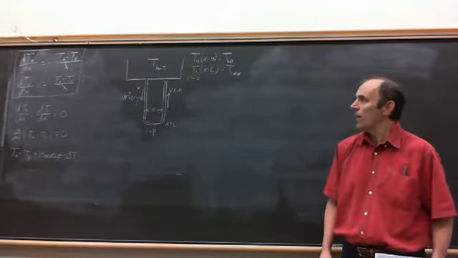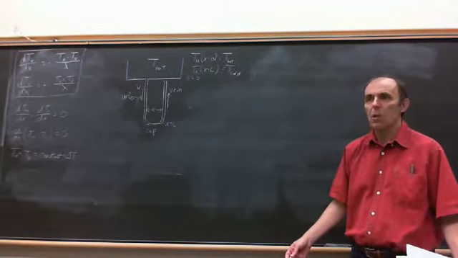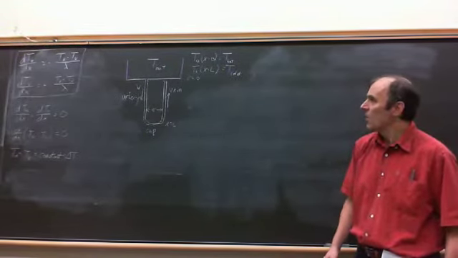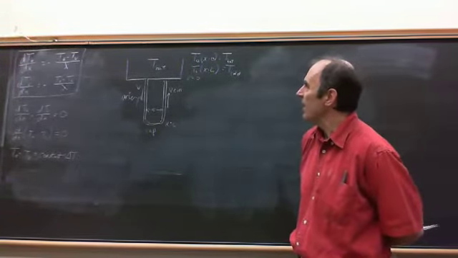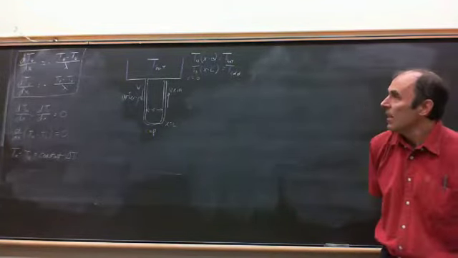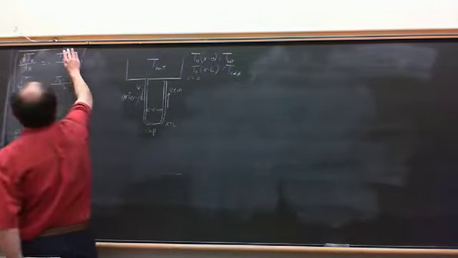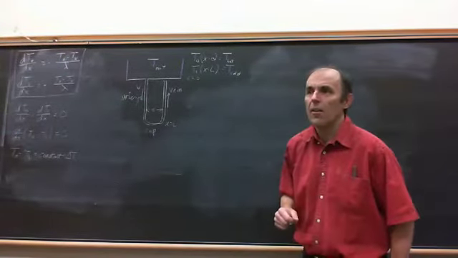Now, what's my favorite way to solve these differential equations? We're going to guess and we're going to check. This is a case where it's not exactly obvious what you want to guess. If I ignored this TB term, what would you expect for a solution for TA?